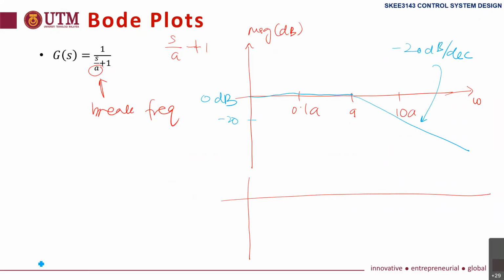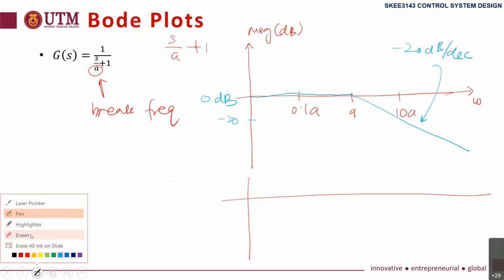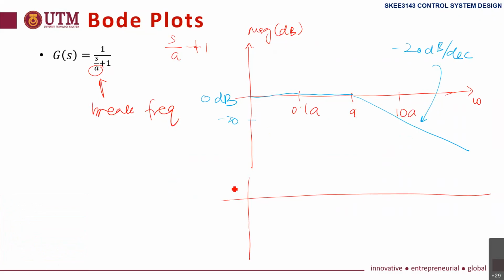Similarly, for the phase, our interest is still A, 0.1A, and 10A. We have 0 degrees, minus 45 degrees, minus 90 degrees. Right? One decade before A, it is 0.